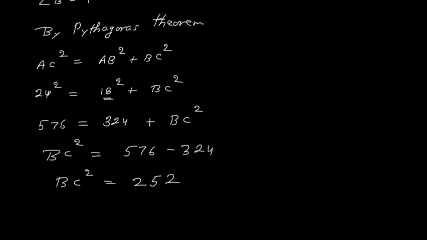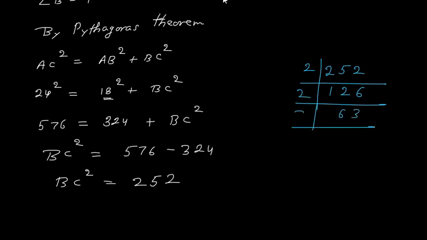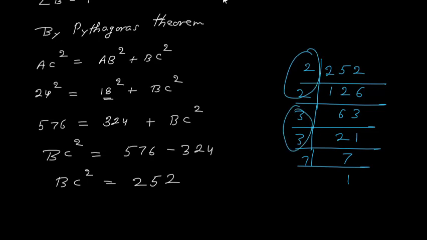So what we do, we will factorize this 252 and see whether we can write this in a simpler way. 2 1s are 2, 2 2s are 4, 2 6s are 12, then again 2 6s are 12, then with 3 we can divide, 3 2s are 6, then 3 7s are 21, and then 7 1s are 7. So here I have one pair of 2 and one pair of 3.